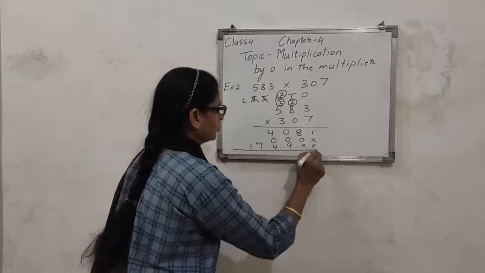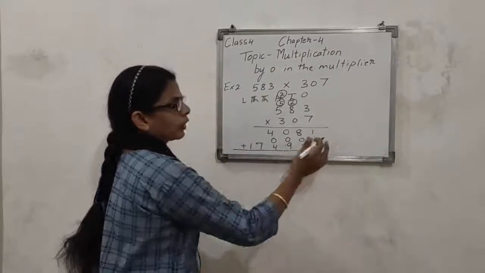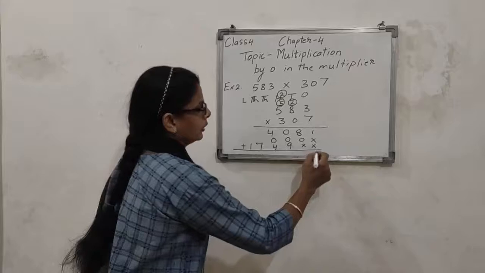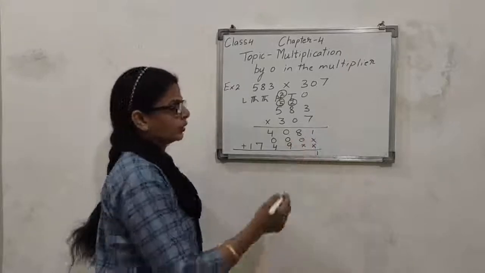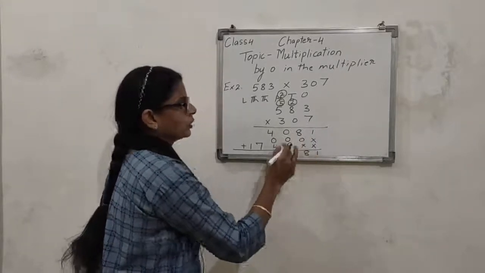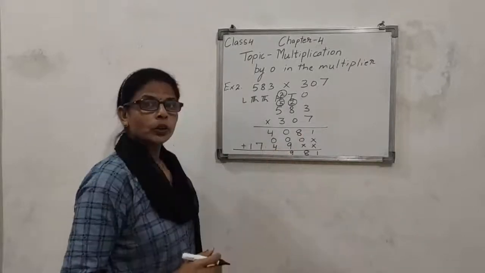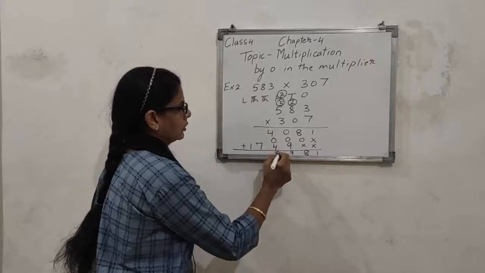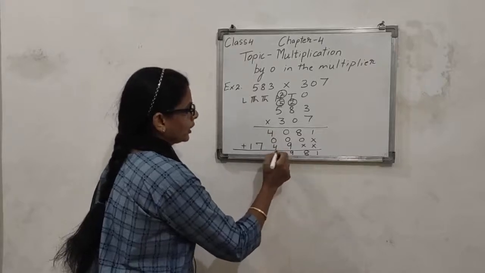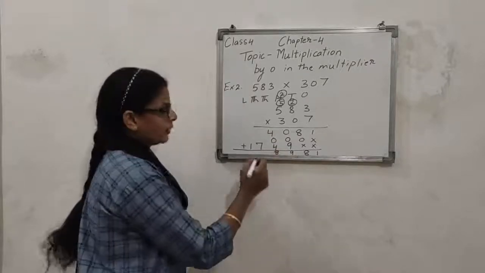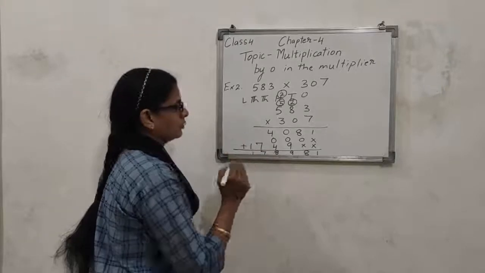Add them. 1 plus cross or 0 is 1 only. 8 plus 0, 8 only. 0 plus 9, 9 only. 4 plus 4, 8. 7 and here will come.